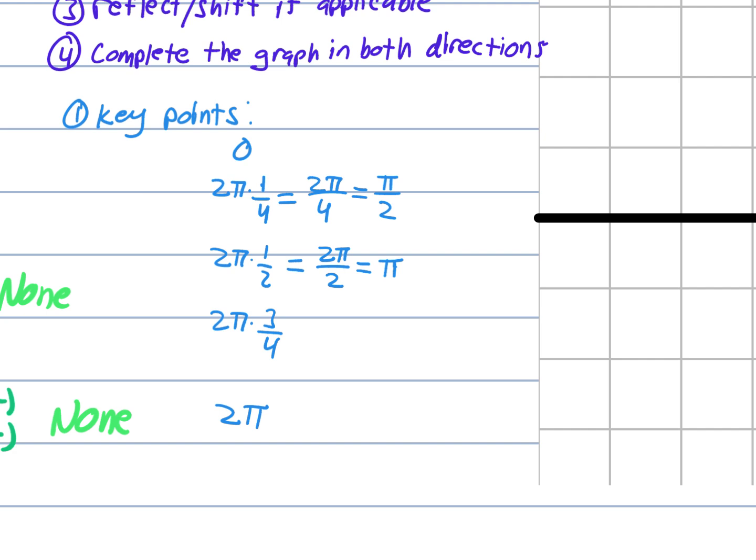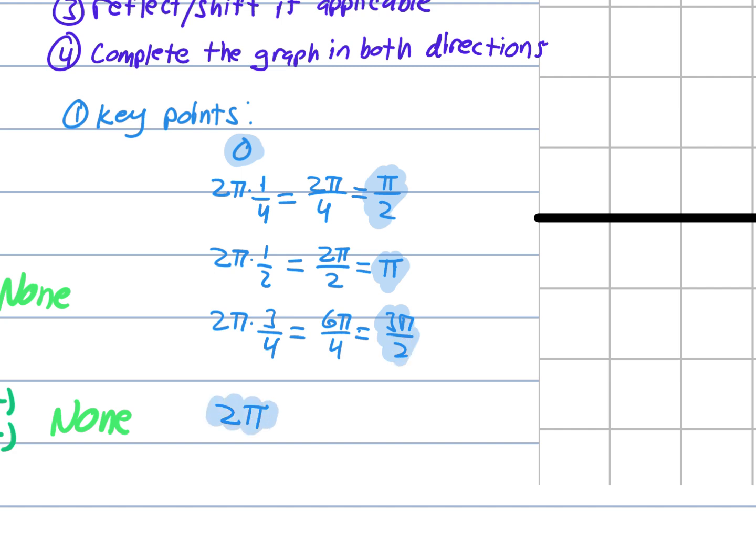So that's your halfway mark. Now the 3/4 mark, it's going to be 2 pi times 3, which is 6 pi, divided by 4, and then 6 and 4 can simplify, that's going to get us 3 pi over 2, and then 2 pi, right? So these right here, these are your key points, which we're going to use to label our x-axis.